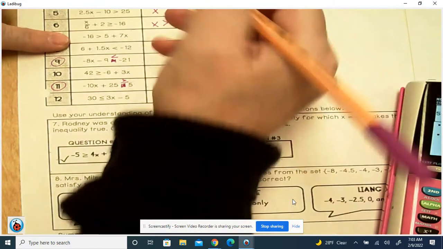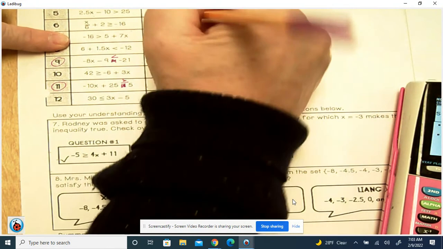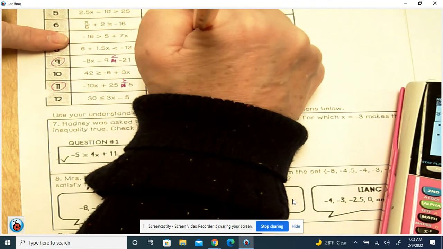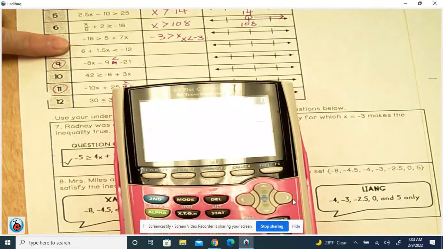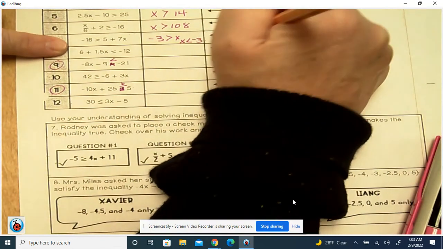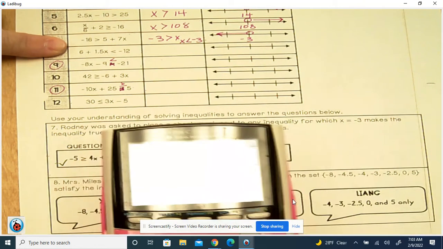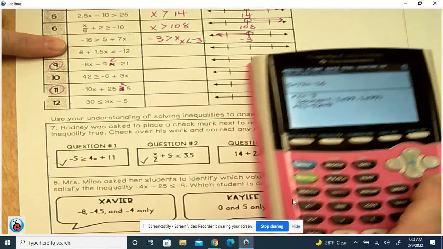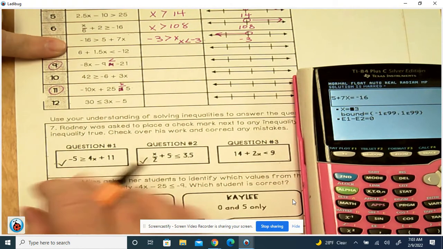So it's written a negative 3 is greater than x, or x is less than negative 3. All right, so I've got a negative 3, closed circle, shaded to the left. Let me put this, okay, y'all can see that right there. So I'm going to leave it right there and enter this stuff.